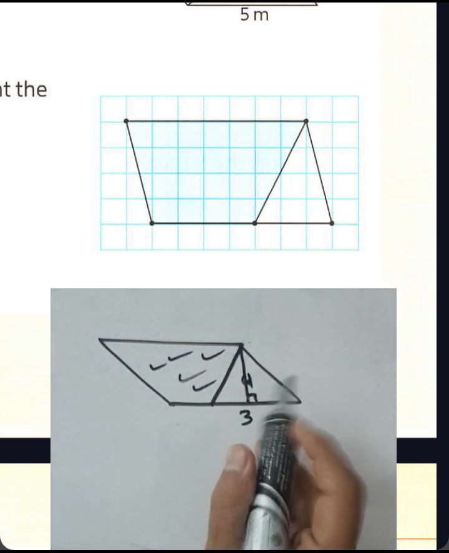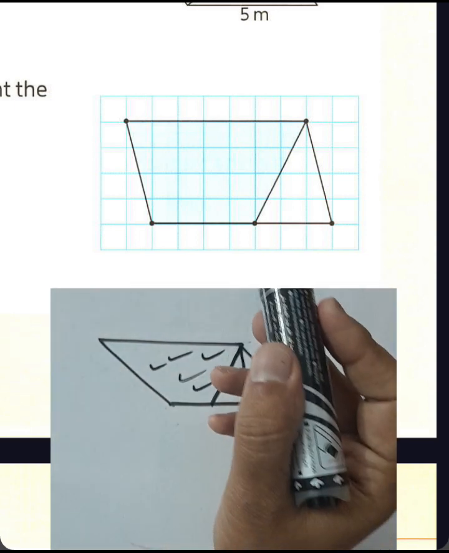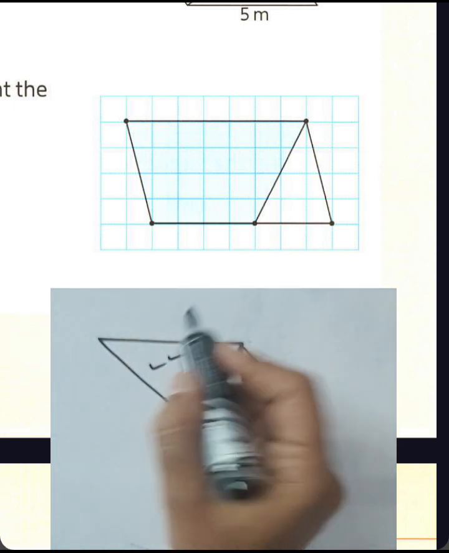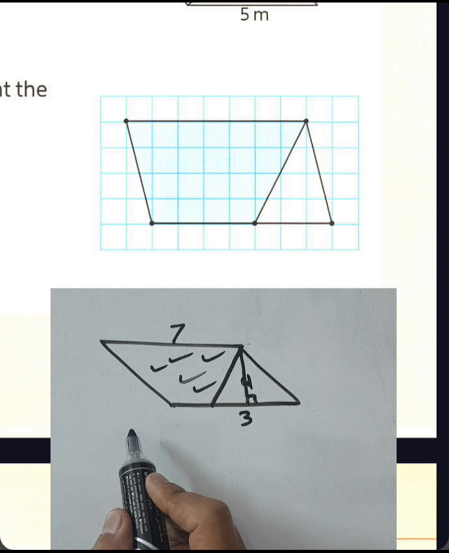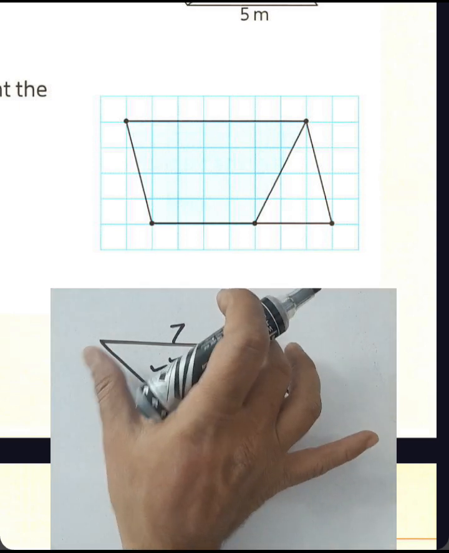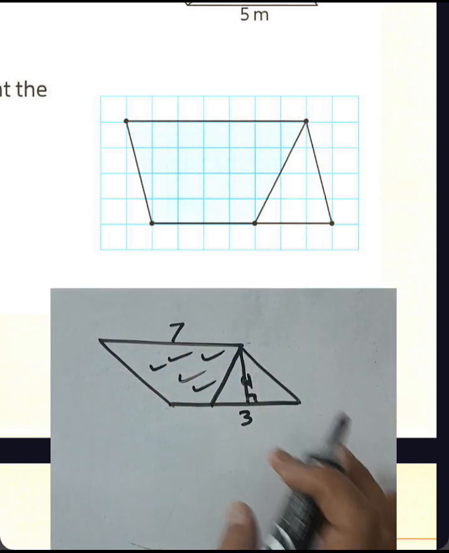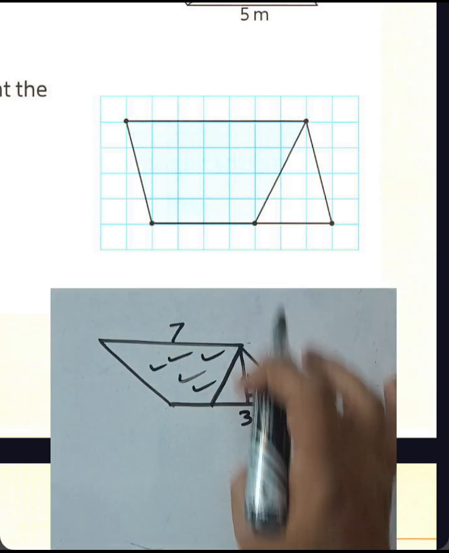And this base here in the parallelogram equals 1 2 3, 1 2 3 4 5 6 7, 7 units. Okay, 7 units in the base, and the corresponding height was 4, because the area of this parallelogram will be base times corresponding height.